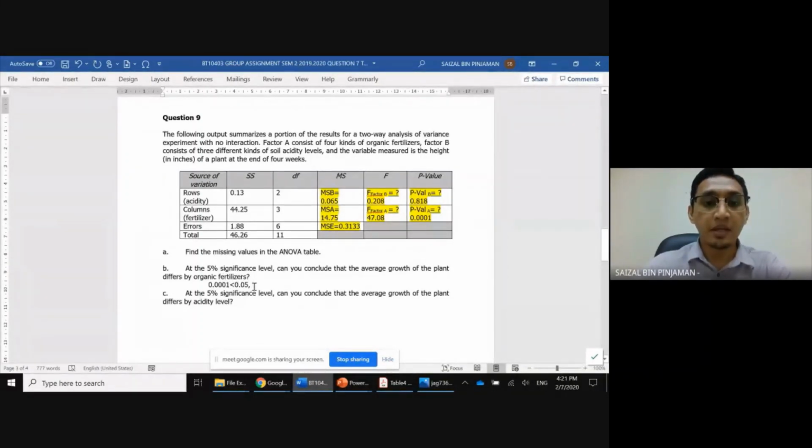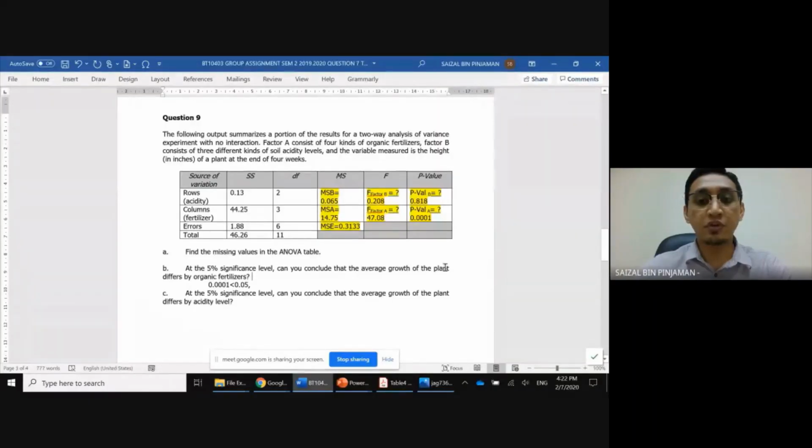Remember our hypotheses: the null states that the average growth of the plant is not different by organic fertilizer, while the alternative states that the average growth of the plant differs by organic fertilizer.